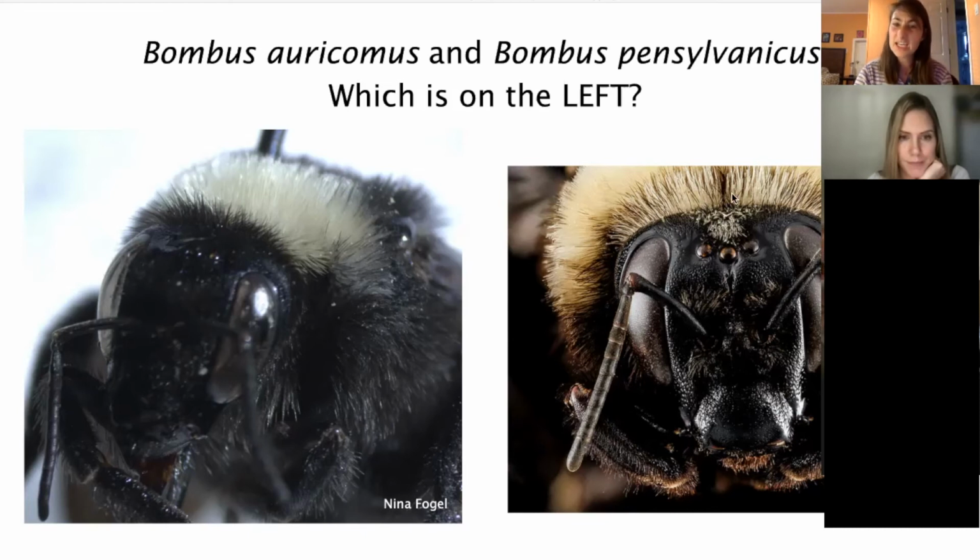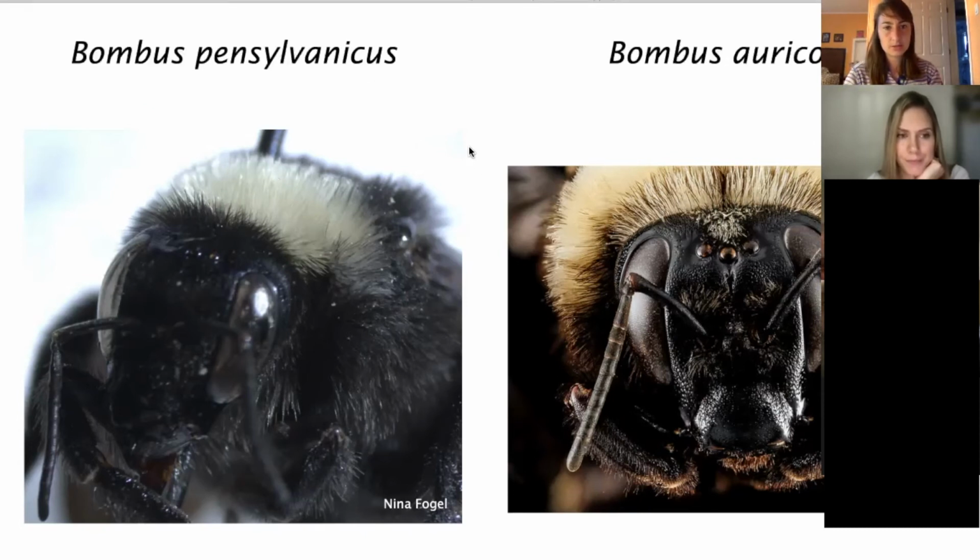Actually, there are a few black hairs interspersed, but overall they are mostly yellow, whereas this one mostly has black hairs. So if you go to the key and down to the bottom part, I already told you one is pennsylvanicus and one is auricomis. We see that pennsylvanicus has the black hair on the back of the head. And in our region, that's really one of the only ways to reliably identify them.